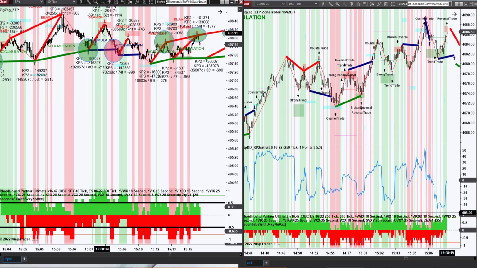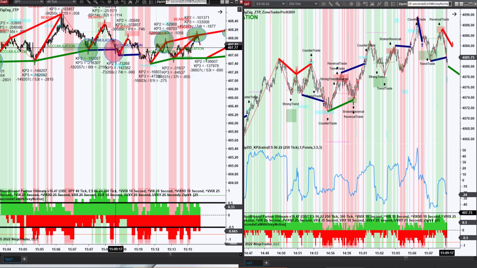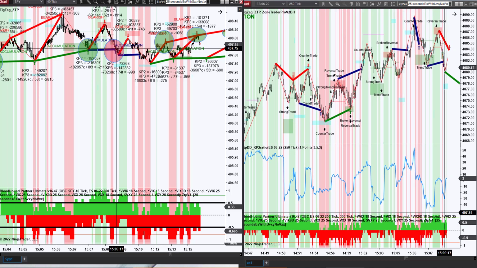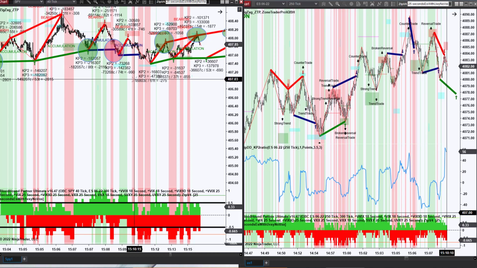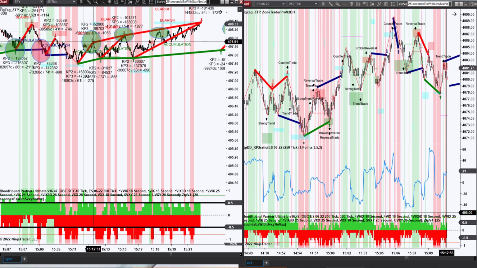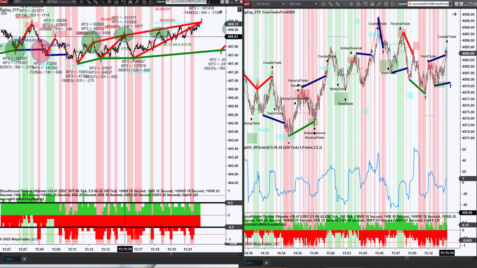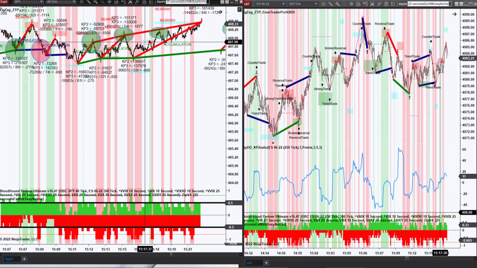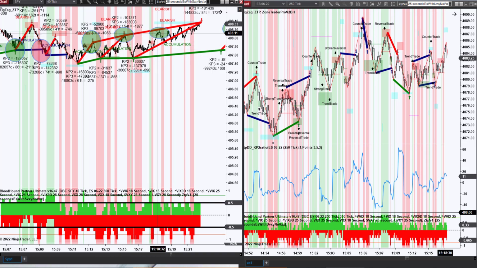Again, another accumulation long, good for a little over 6 points. Here's one of these losers that takes us a point below where the software went non-divergent. We had a short divergence. Here we would have entered here. We didn't have a signal back here because we actually had green VIX when we had a signal.